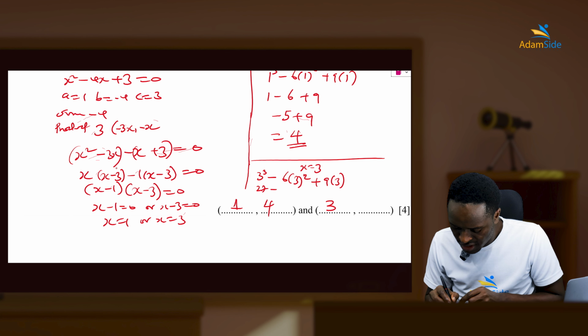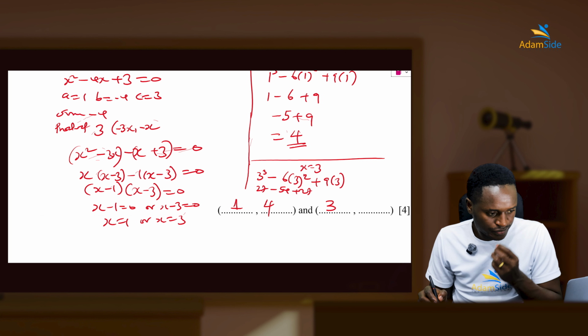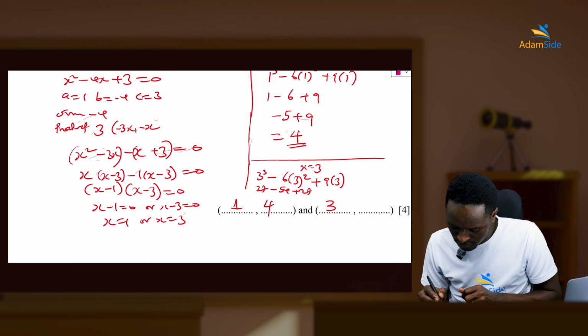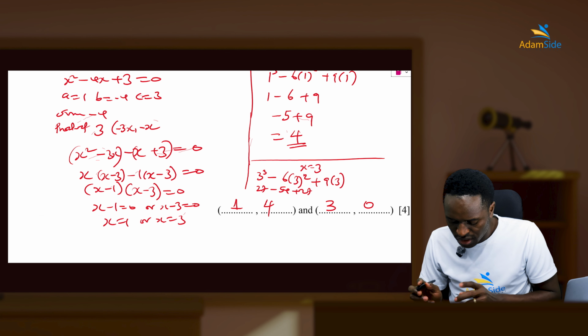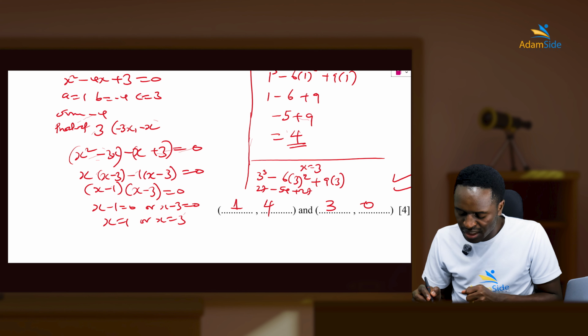So 27 minus 54 plus 27 is 0, because 27 plus 27 is 54. 54 minus 54, you get 0. So this is what you get, 4 marks.